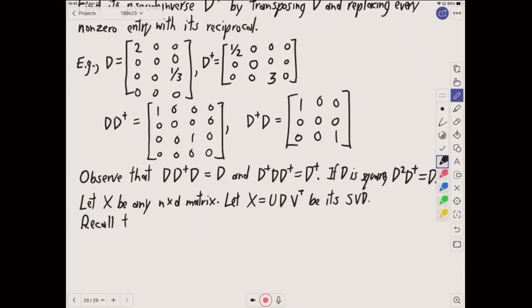U is an orthonormal matrix, so is V. And just a reminder that when you do the SVD like this, you get a diagonal matrix in the middle whose rank is the same as the original matrix X's rank.